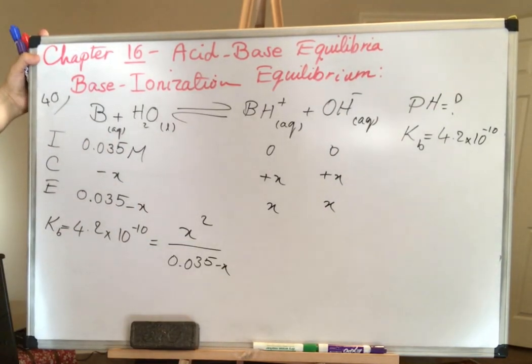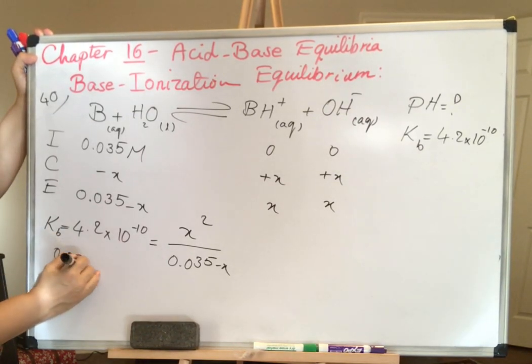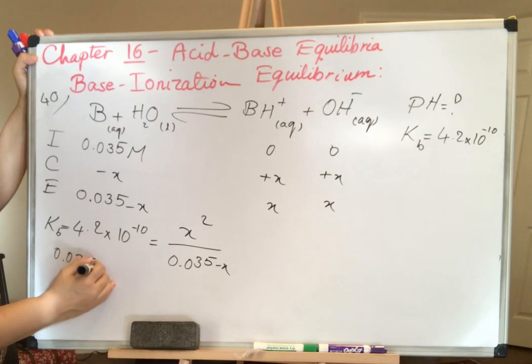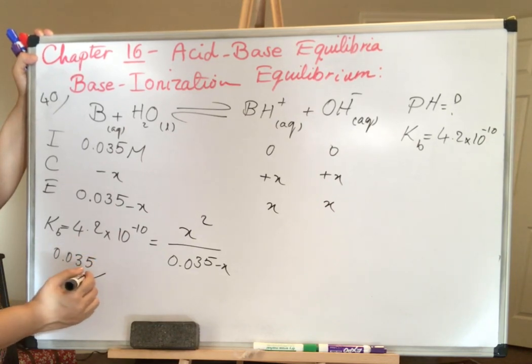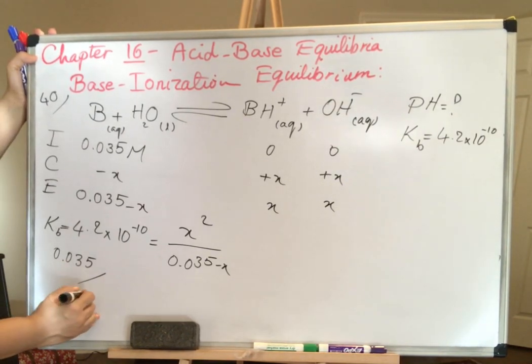Alright, so the original value 0.035. Wait a minute, is it 0.2 or 0.05? 0.035 divided by 4.2 times 10 to negative 10.